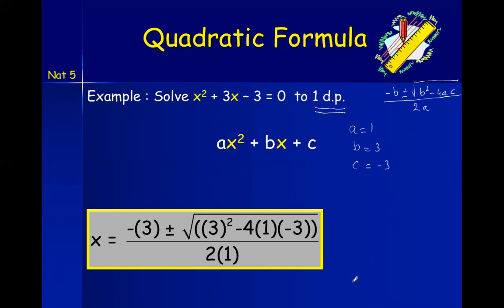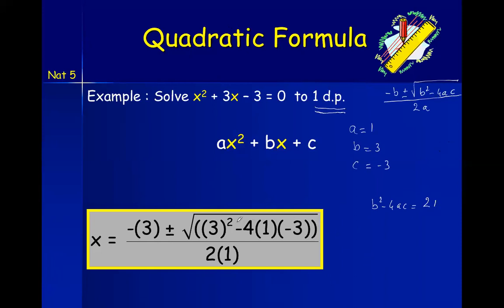The thing I usually say to my students is, instead of typing all this into your calculator, first do b squared minus 4ac. Just calculate that first. So 3 squared minus 4 times 1 times negative 3, and we get 21.